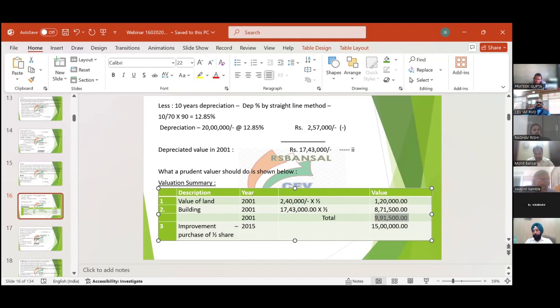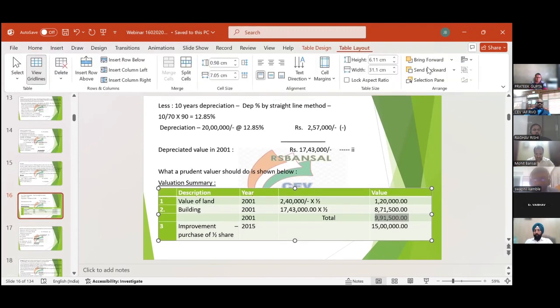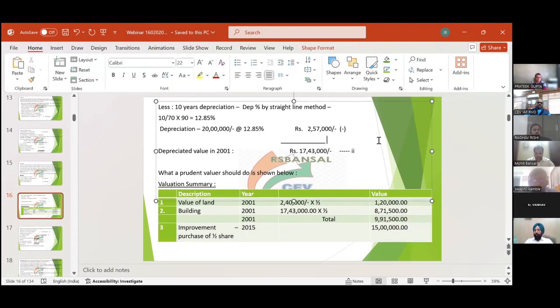See here, I think it is clear to you. And again, he purchased the remaining part, including land and building together, for 15 lakh in 2015. Clear? Is it clear to you?